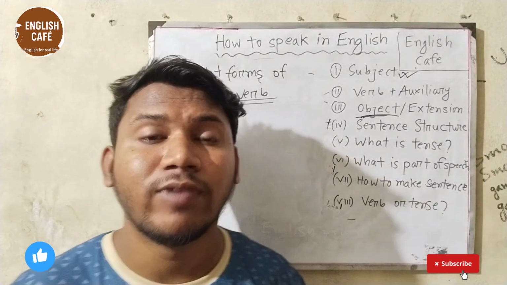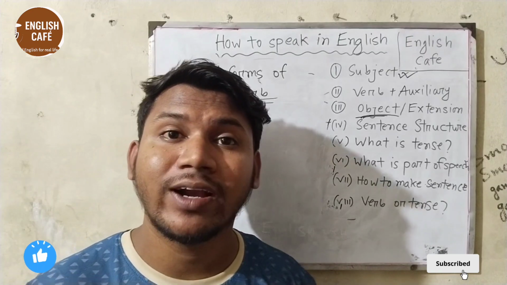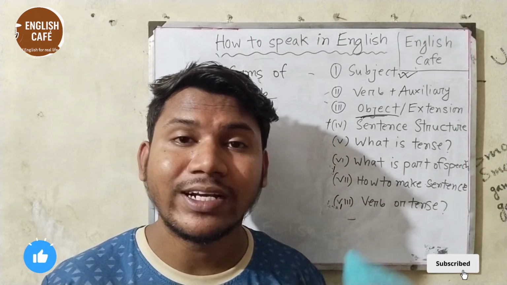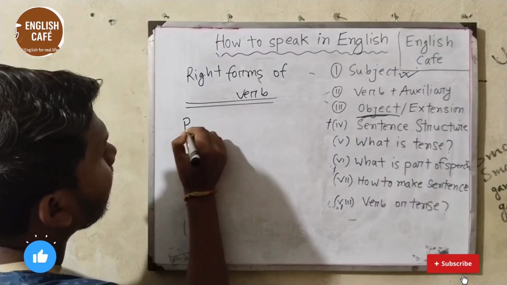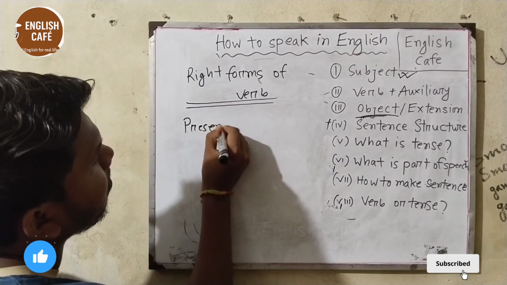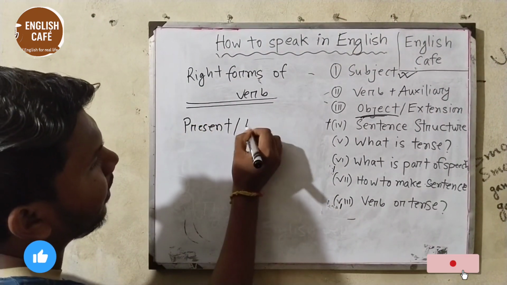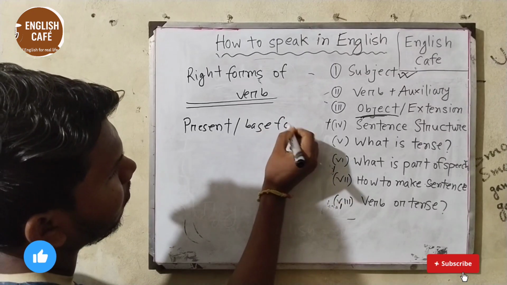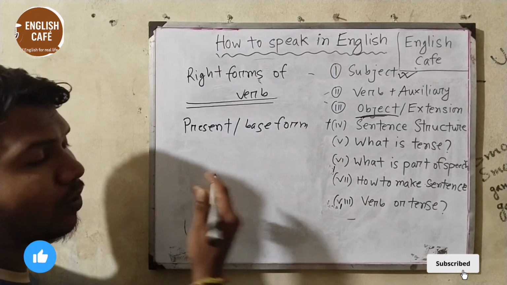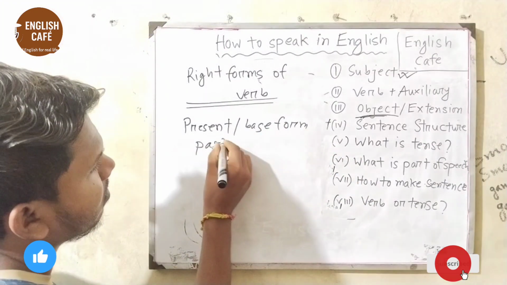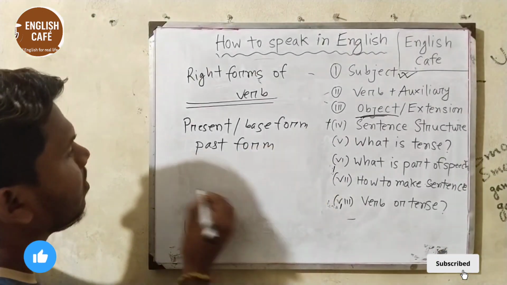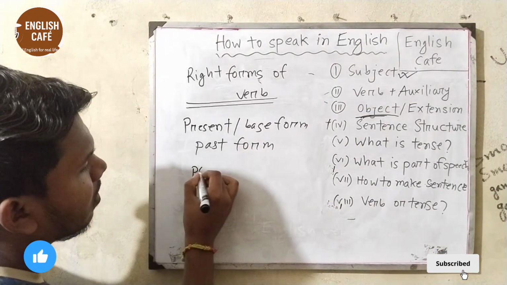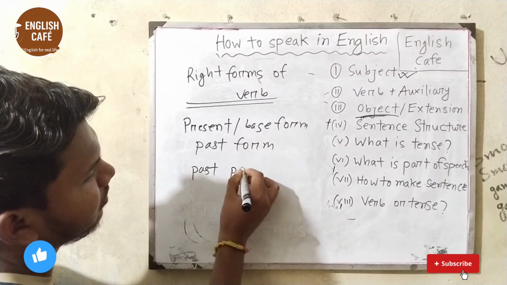There are several forms of verbs, but as we are beginners, in this video we will only discuss three forms of verb, and those are: present or base form, another one is past form, and the third one is past participle form.